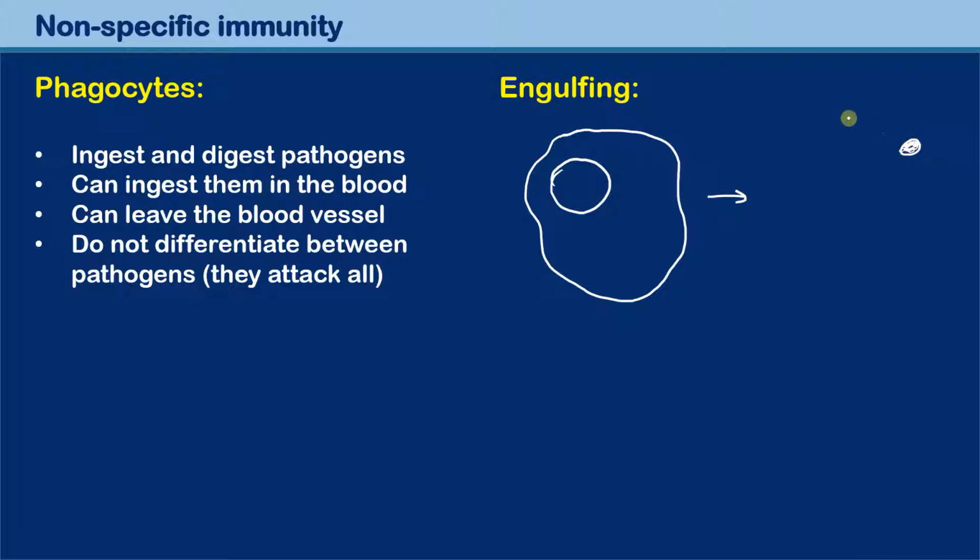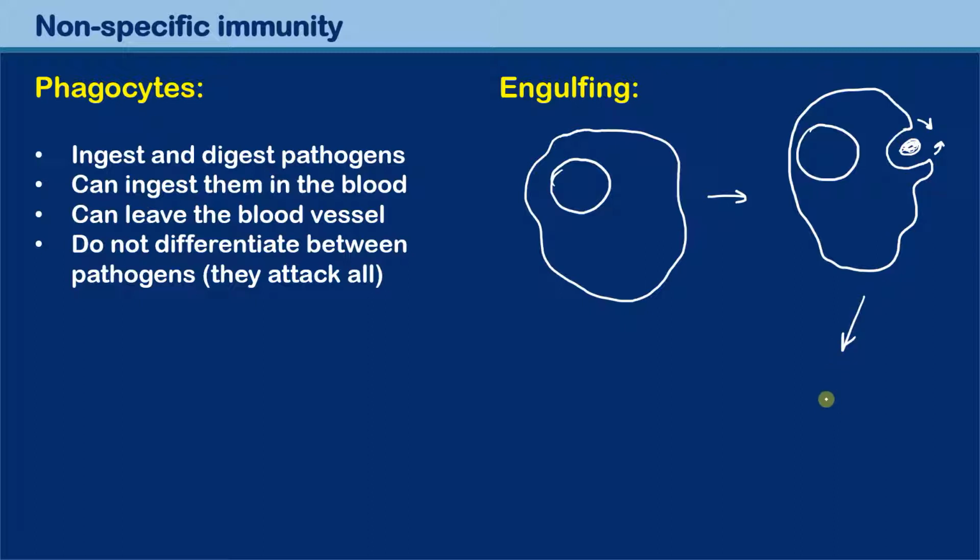What it does is the following: the membrane starts flowing around the pathogen. So we still have our nucleus over here, and you can see that it starts to close on the other side. So I'm going to draw arrows so the membranes continue to close around the pathogen in here, and ultimately we will have something that looks like this.